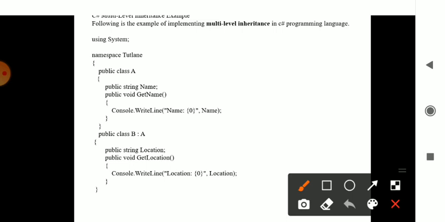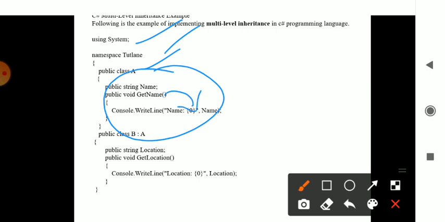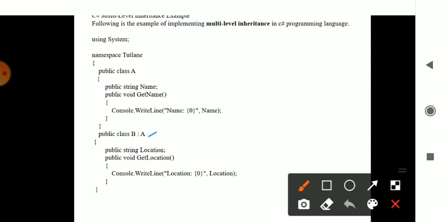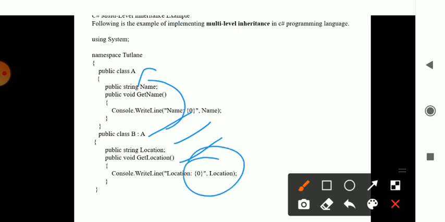You have a using System in the beginning, afterwards the namespace, then you have a class A. Class A consists of a string name, and it gets the name in a method. Next, class B is inheriting the properties of A. In class B you have the location, and a method called get location, which fetches the location name.